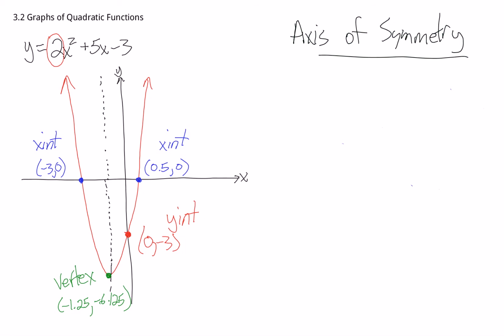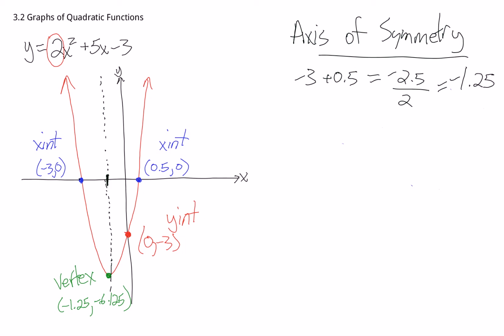All of the points are equally spaced on either side. If you look at the 2 x-intercepts, we have -3 and positive 1/2, so halfway in between those should be where the axis of symmetry is. If we actually do that, -3 plus 1/2 gives you -2.5, and we divide that by 2 to find what's halfway in between, and you get -1.25.